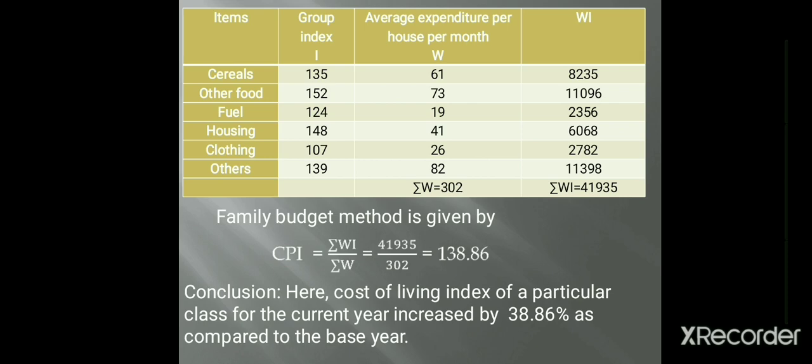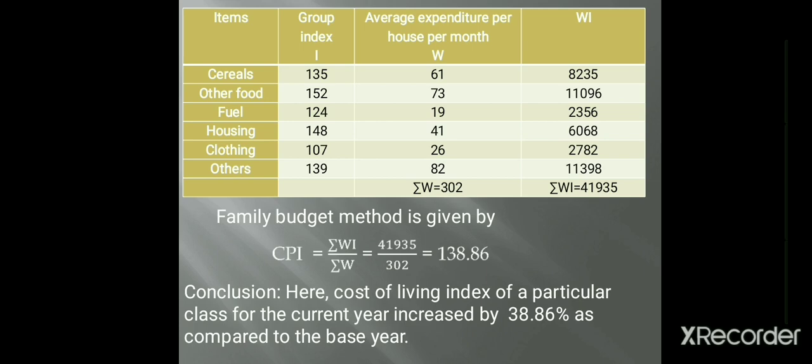Now, by the family budget method, we had to opt for the formula summation WI divided by summation W. We require the total of weights, that's why we sum up all the values in the W column, that is 61 plus 73 plus 19 plus 41 plus 26 plus 82, which results in 302.